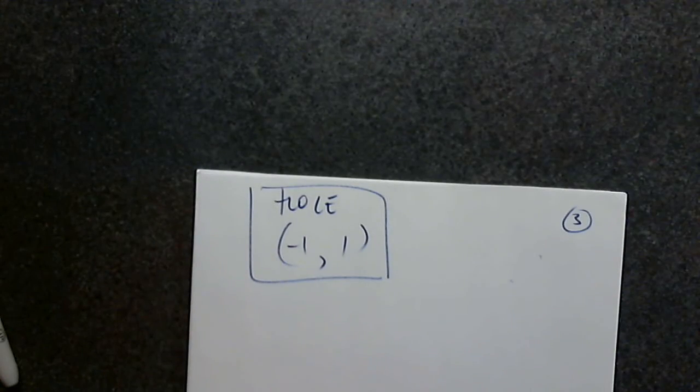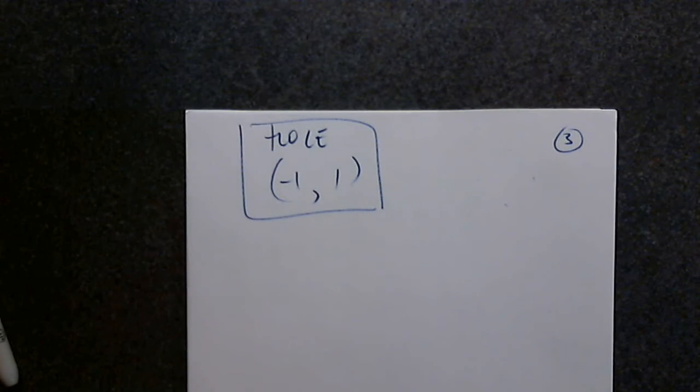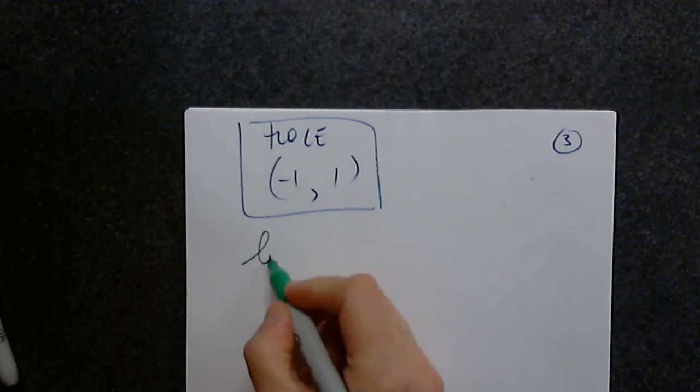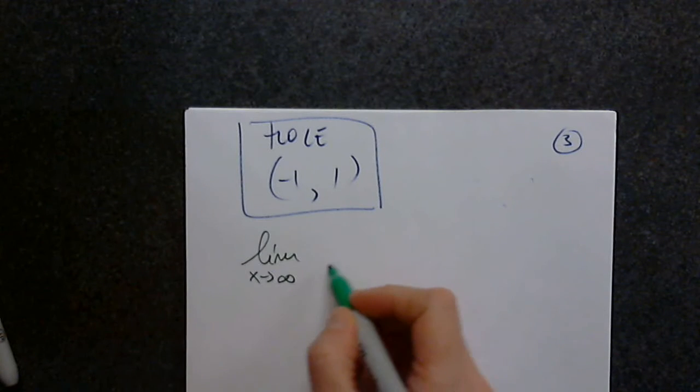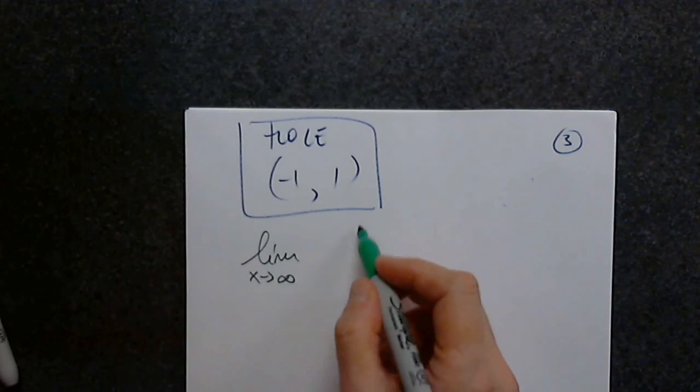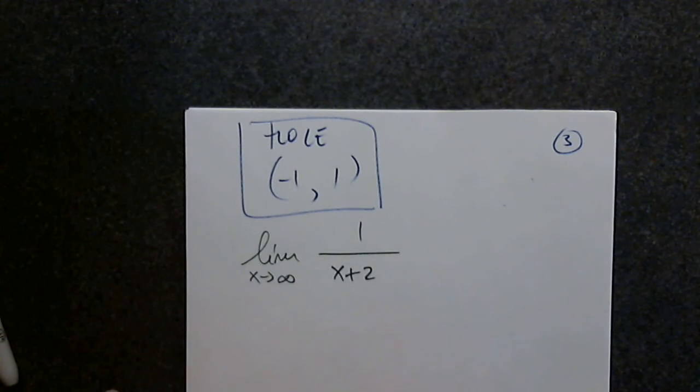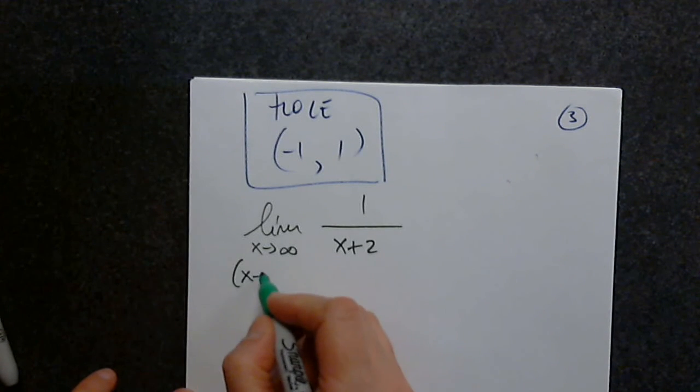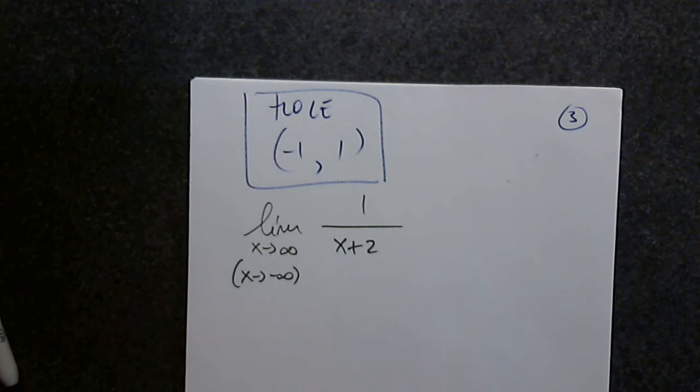Now, the second step is I want to determine the limit as x approaches infinity of 1 over x plus 2, the simplified form, and also when x approaches -infinity. But it's a rational function, so I don't have to separate those. They will be the same answer.